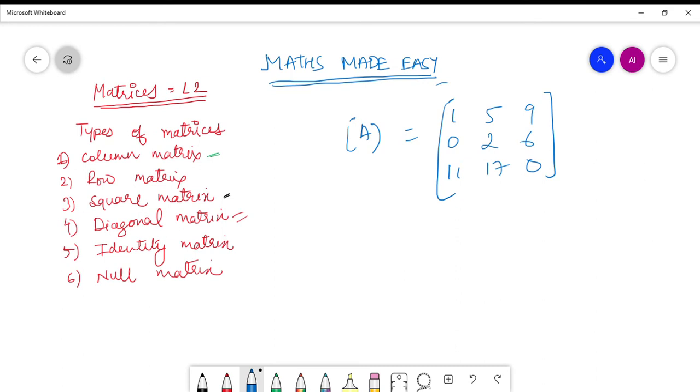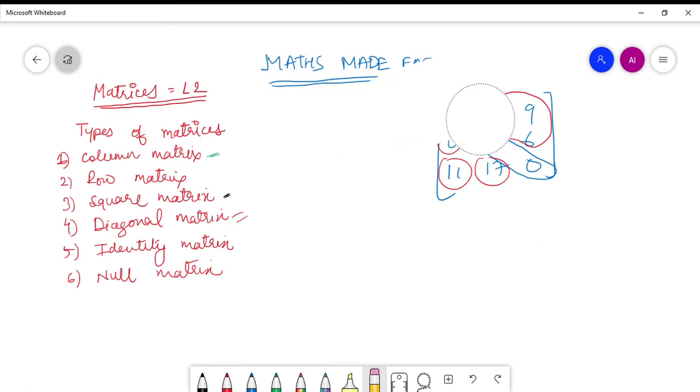A diagonal matrix is one where all its non-diagonal elements are 0. If you see the diagonal is this, so all these non-diagonal elements should be 0. Let me write one example.